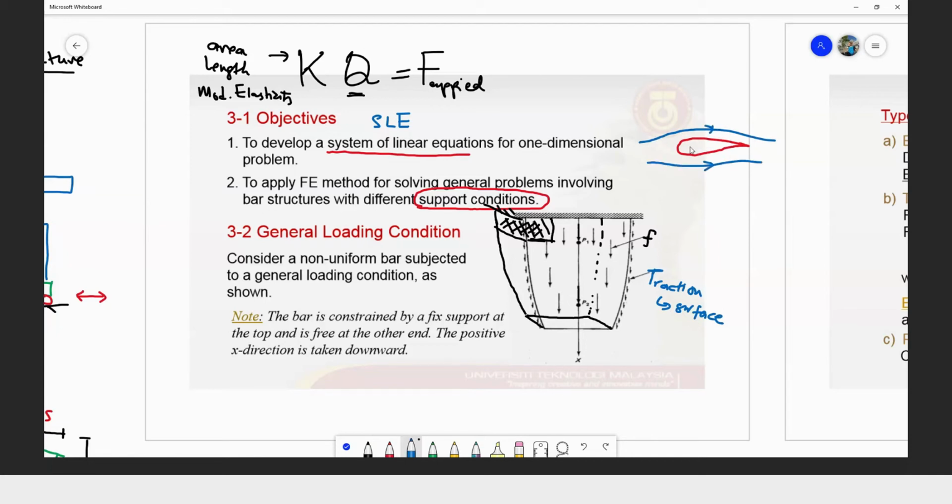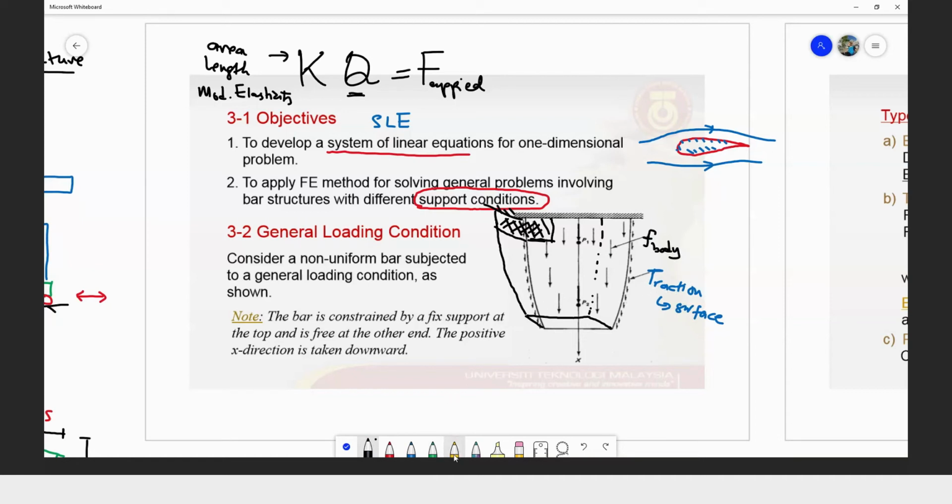Depending on which type of fluid we use, whether it is air or some type of gas, the friction between the air and the solid surface also produces traction force. So there are two: first is the body force, and then the traction force.